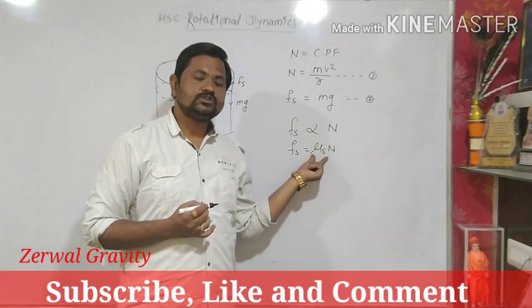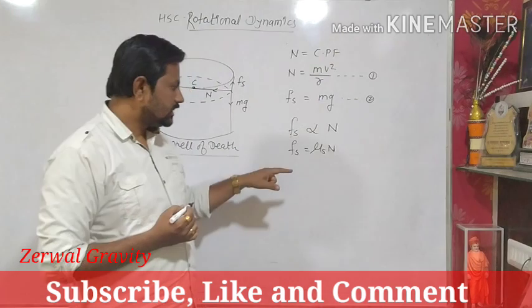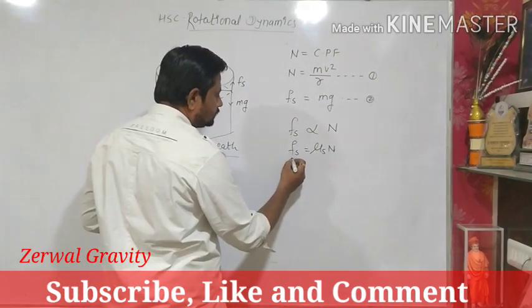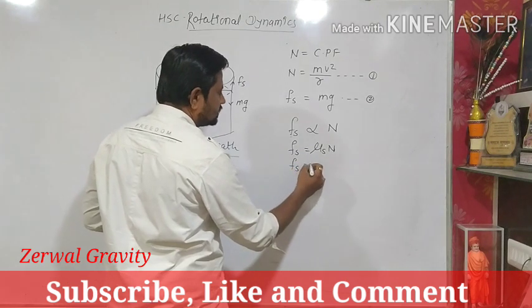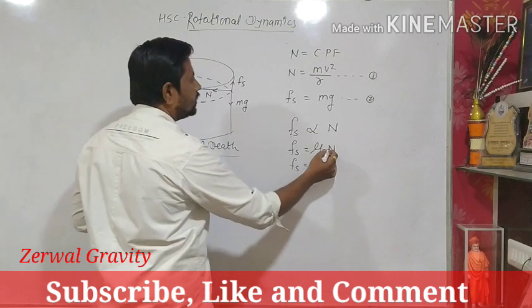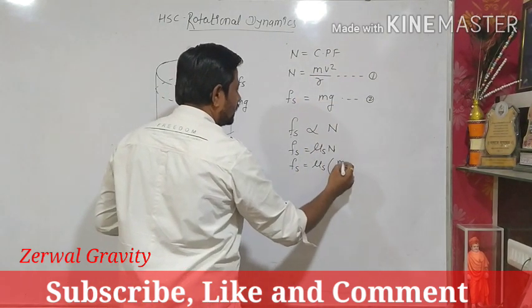Mu s is the coefficient of static friction, and this is the static friction, or simply friction. Now Fs is equal to mu s into N, and in equation 1 N is mv square upon r.